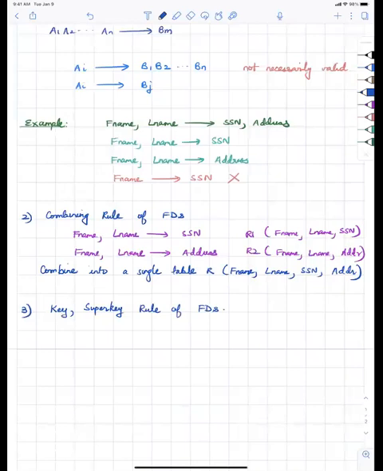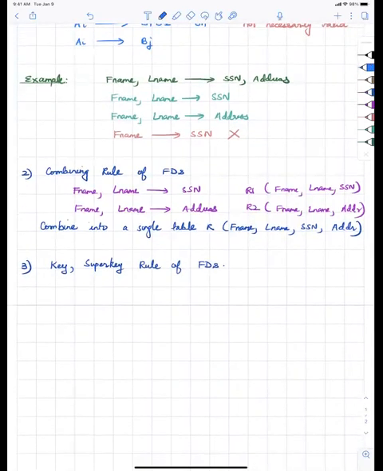So what is a key? I informally spoke about keys before, so I just want to formally define it.